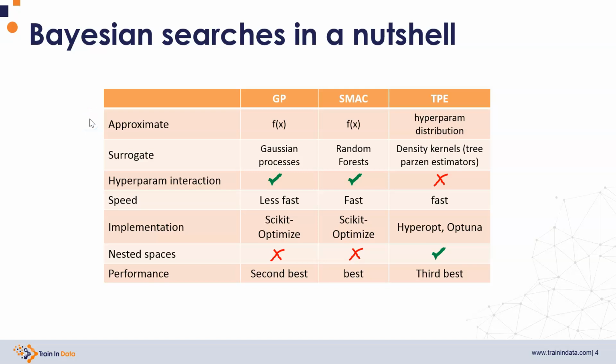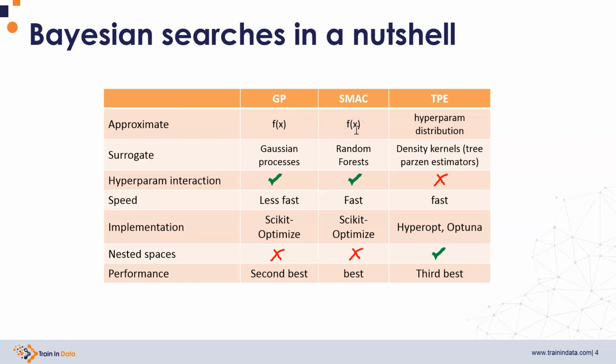So we discussed three different Bayesian optimization approaches. One is the one based on Gaussian processes, the one based on random forests, and TPE. So these techniques differ in what they are approximating. Gaussian processes and SMAC are approximating f of x.